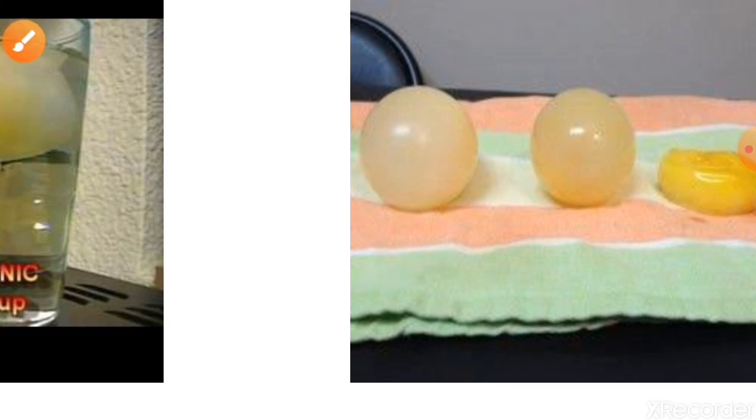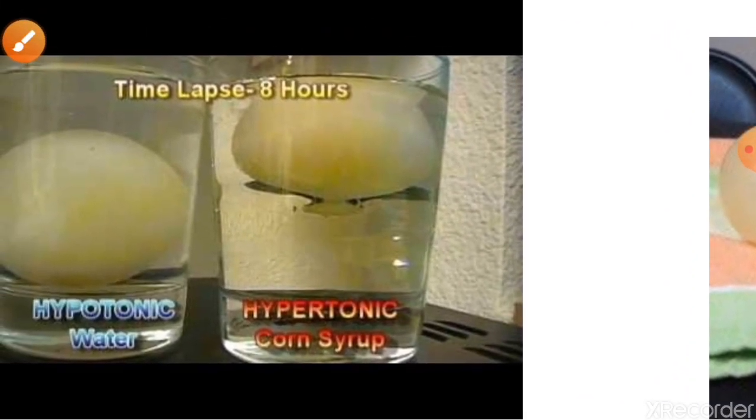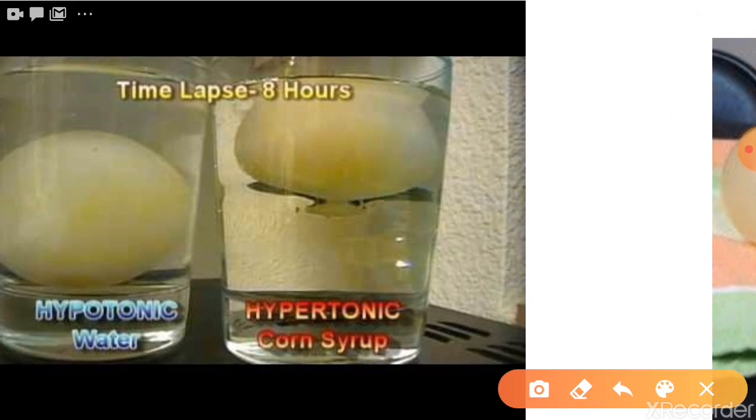Next, the egg placed in the hypertonic solution, the sugar solution, is going to lose water.